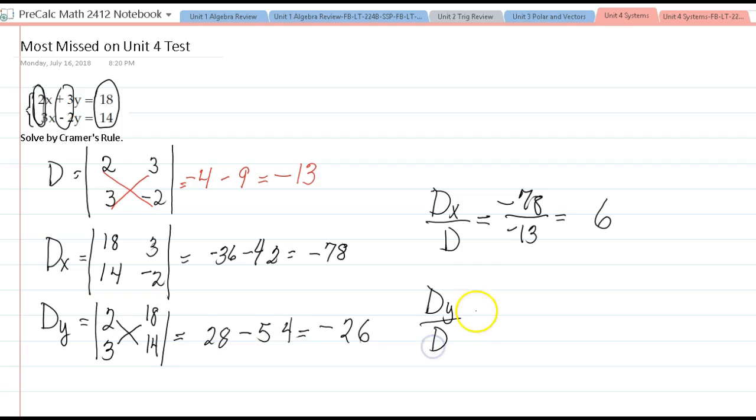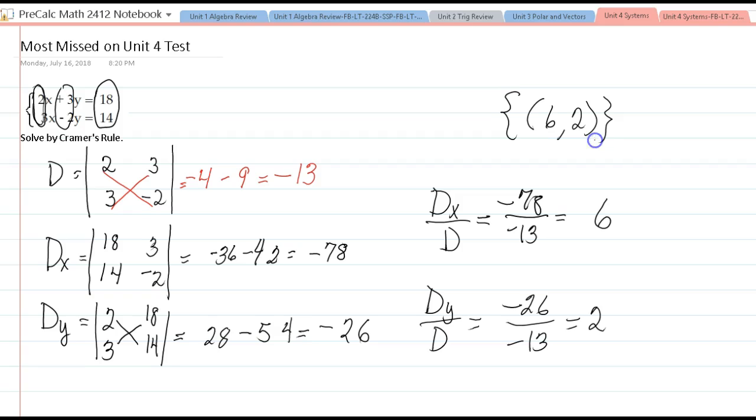Divide that by D. That's negative 26 divided by negative 13, and we can see that's a positive 2. That means our solution set is the point (6, 2). And we can always check by going back into our original equations and making sure it works for both.